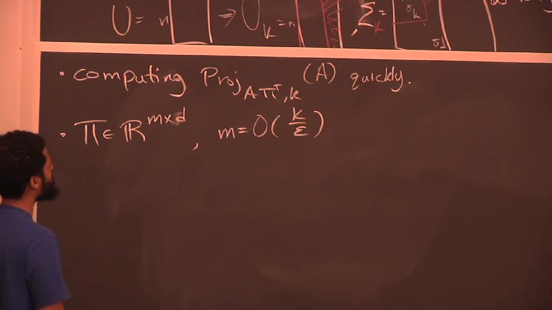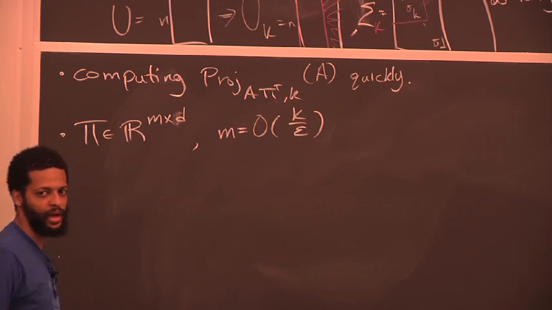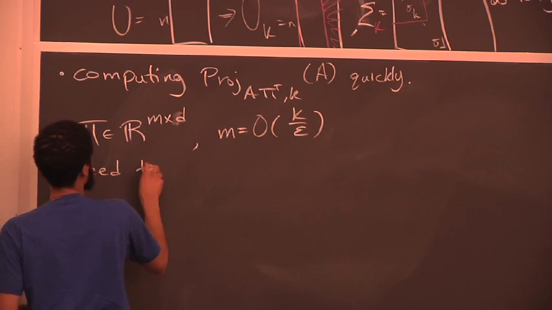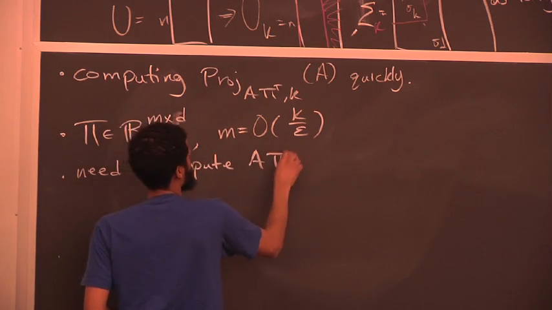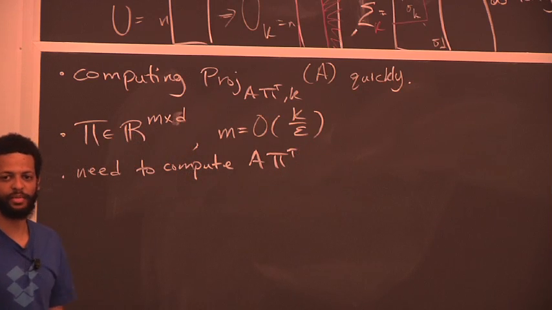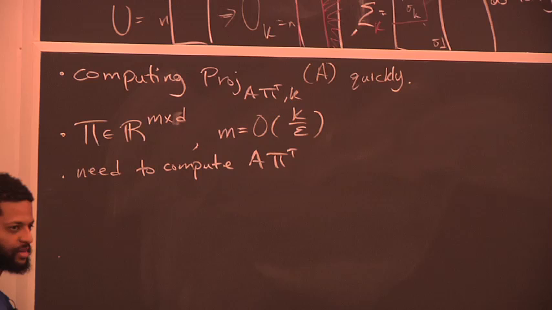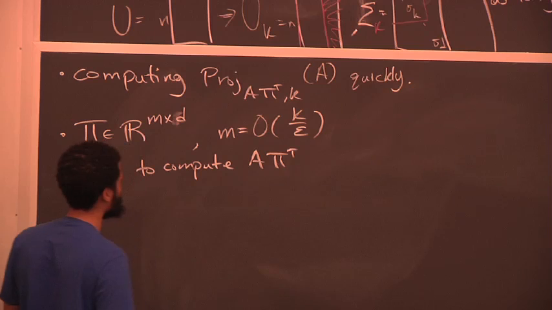Okay. So first of all, we need to multiply A pi transpose. But that's fast because we can use a fast subspace embedding, right? We can use a sparse subspace embedding or whatever, the Hadamard-based approach, the fast Fourier-based approach.